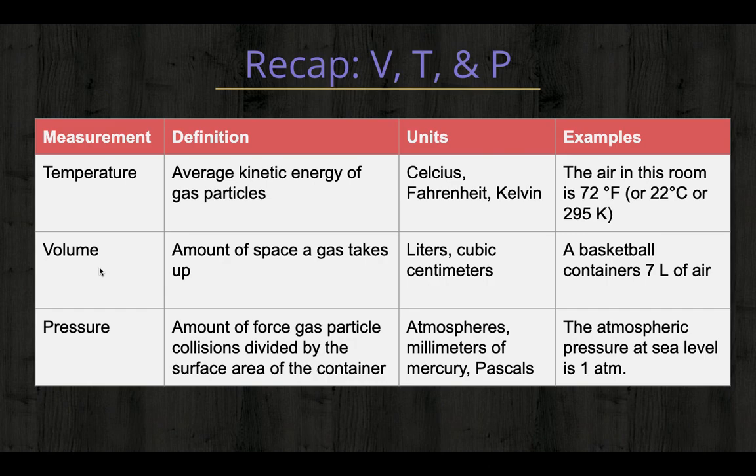This was back from when we learned density, way back in alchemy. It's often measured in liters. You could also do cubic meters, cubic centimeters, etc. So how much volume does a balloon take up, or a bottle, or a basketball, anything filled with a gas. And finally, pressure, which is how much the particles are running into the walls of the container, measured in these new weird units. And again, the atmospheric pressure at sea level is 1 atmosphere.